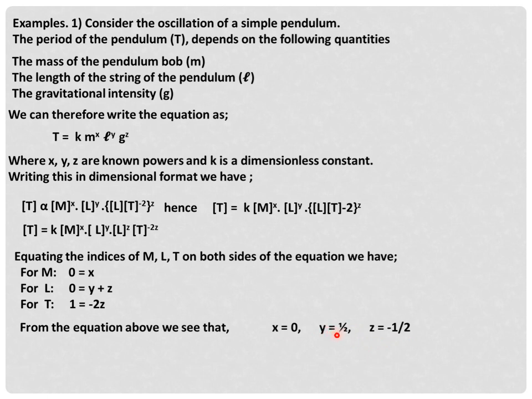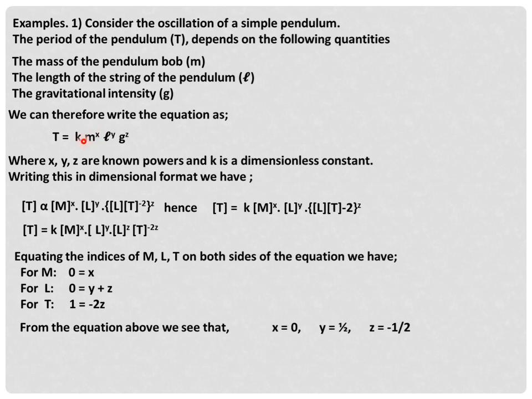So what are we going to do with this? We will take this x, y, z and substitute in the equation. When we substitute for x, which is 0, it immediately turns the mass m into 1.